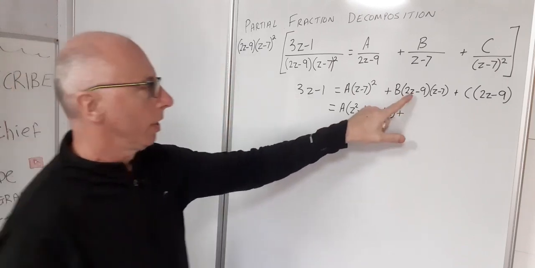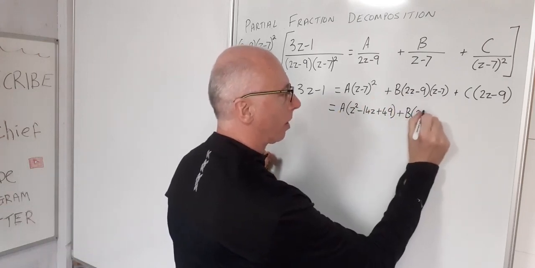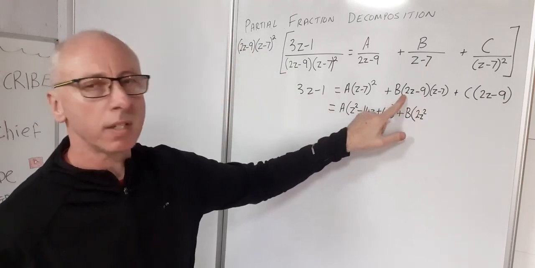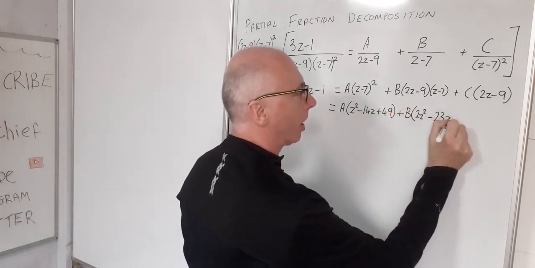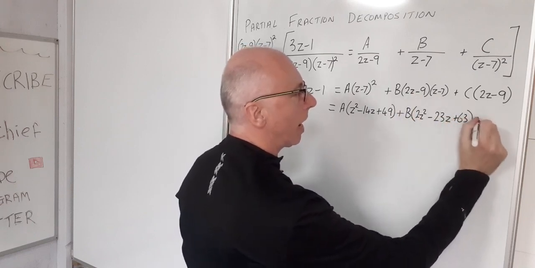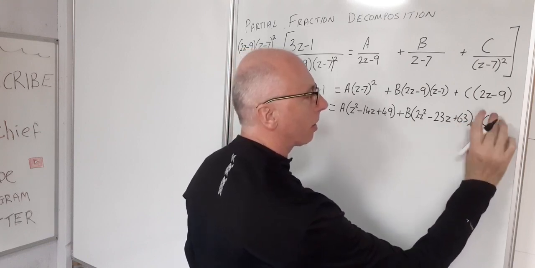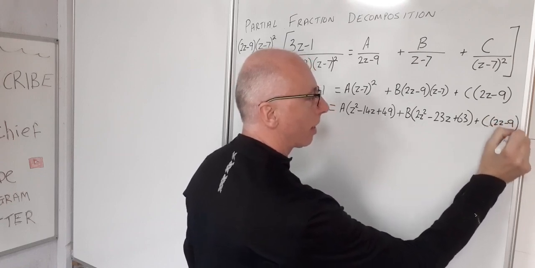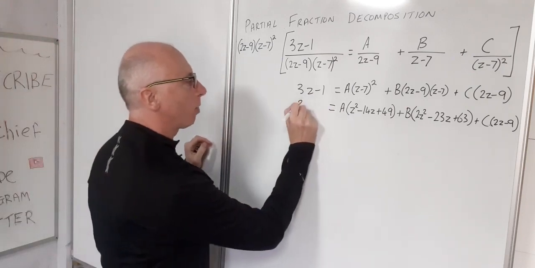This one here will be b times 2z squared, and then I'm going to have minus 9z minus 14z, so that's minus 23z, and minus 9 times minus 7 is plus 63, and then I'm going to have just c times 2z minus 9. Okay, right, and that's equal to 3z minus 1.